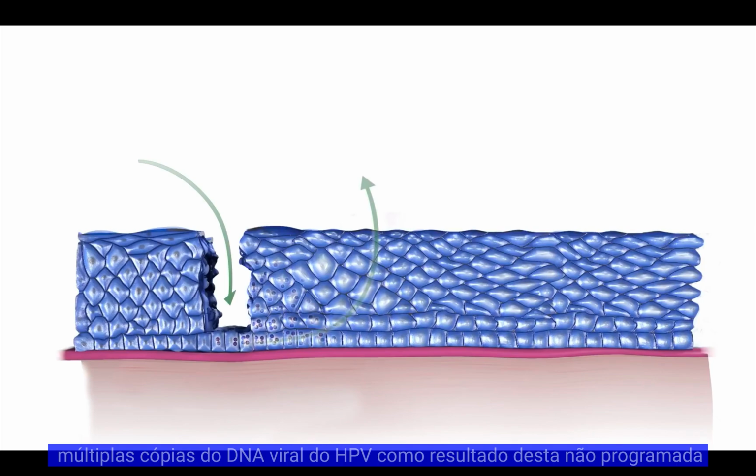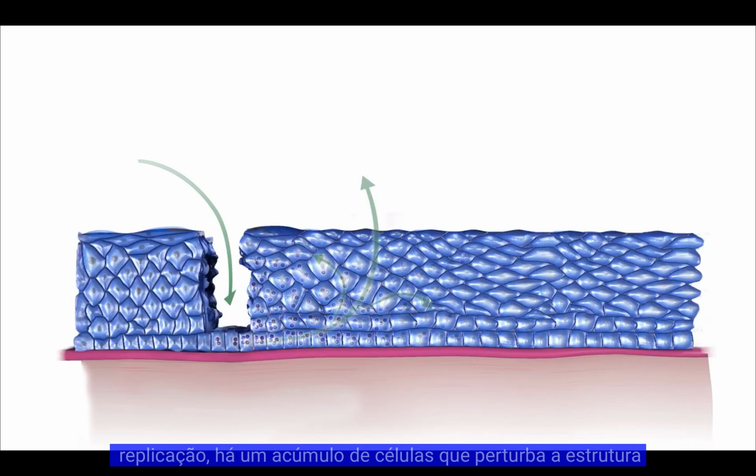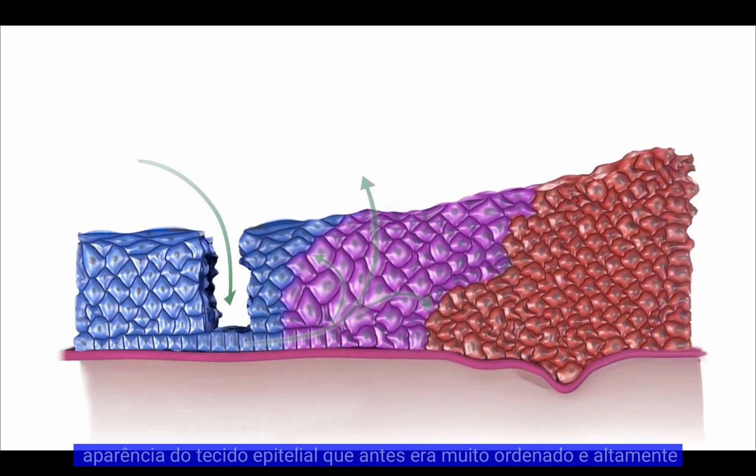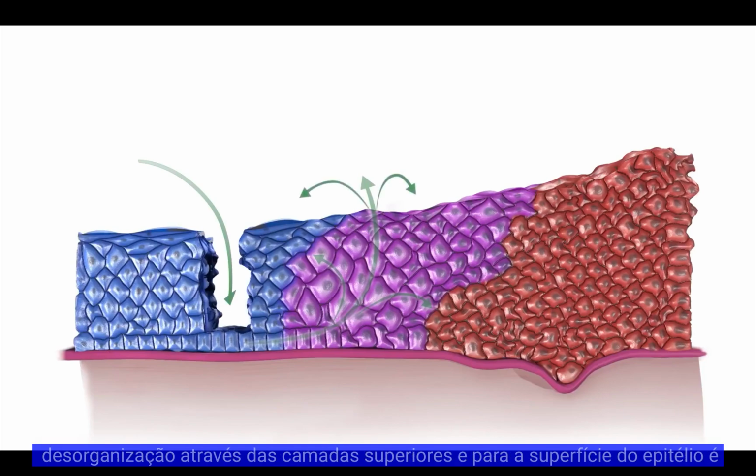As a result of this non-scheduled replication, there is an accumulation of cells that disrupts the structural appearance of the epithelial tissue. What was once very ordered and highly structured now begins to look disorganized. The extension of this disorganization through the upper layers and to the surface of the epithelium is what is used to classify the degree of the lesion.